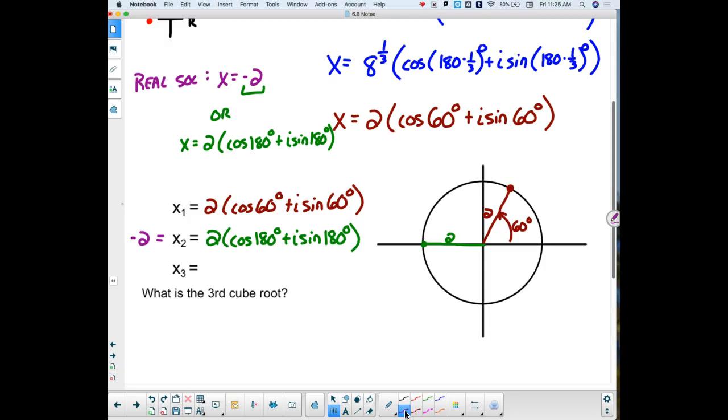Where's that third one? Where's that third one gonna be? What do you think? Given where those two are.